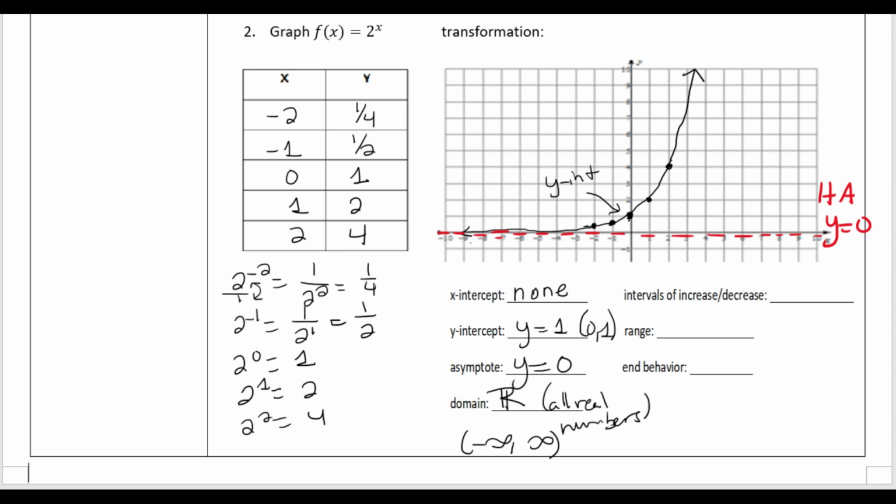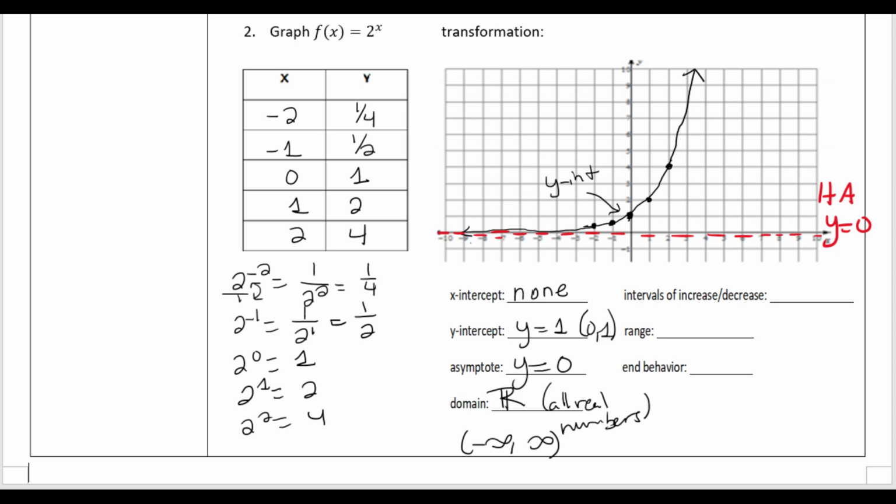Okay, so now we're going to do the intervals of increase and decrease. In order to do that, we want to figure out where it increases or decreases. So in this case, it doesn't decrease at all. It just increases, which means we're only going to have one interval.